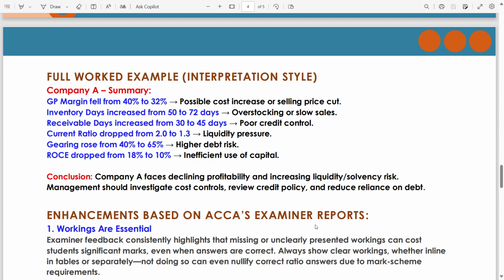Inventory days increase from 50 to 72 days. What could be the possible reason? You have inventory, it's not going to sell. That's why the inventory is still in your stock. That's why the days are increasing. Overstocking or slow sales. Receivable days increase from 30 to 45 days.